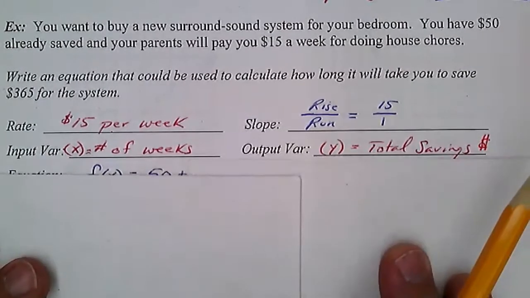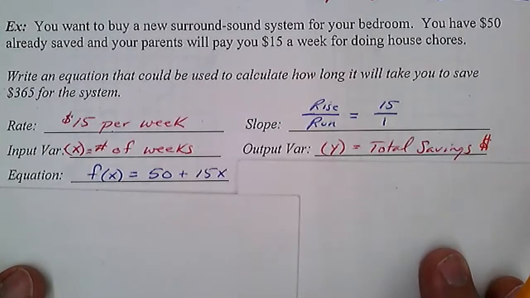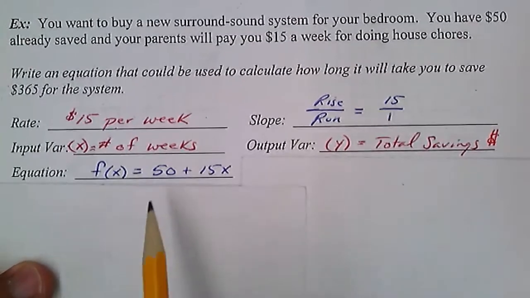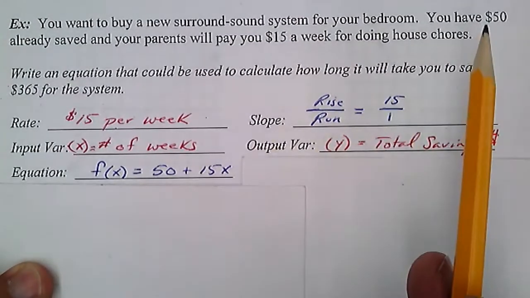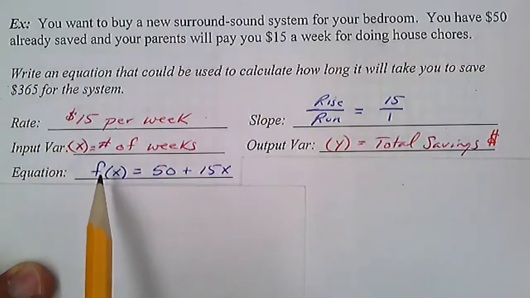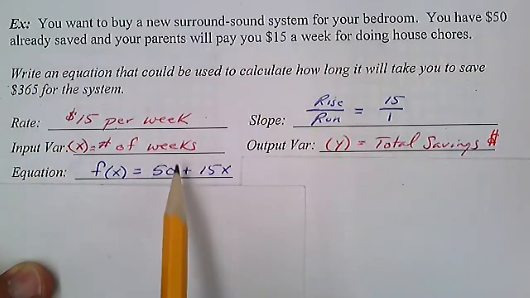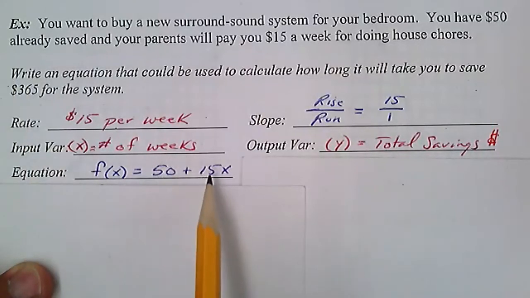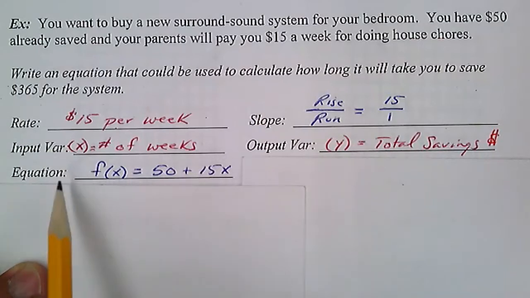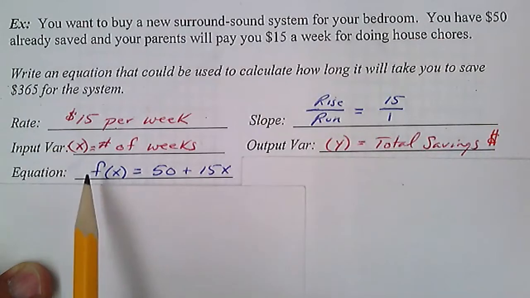Okay, so now we need to come up with an equation. So we already established that there's an upfront. We have a starting amount. We already have it saved, is $50. And then we're going to put our rate, which is our slope. Our rate goes next to the X. Okay, so we've been doing this for weeks. So you should have been able to write that equation.